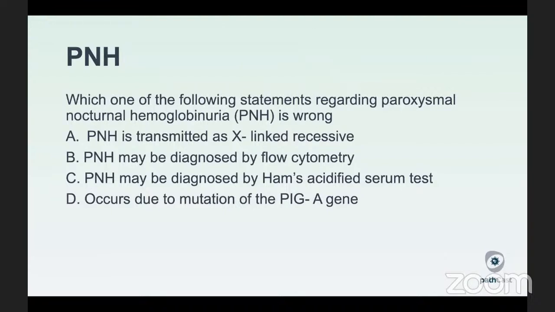PNH, or paroxysmal nocturnal hemoglobinuria: which one of these statements is wrong about it? PNH is transmitted as an X-linked recessive? No, PNH is not an inherited disease, it's an acquired disease. So this is the wrong statement. Yes, it can be diagnosed by flow cytometry, as I'm going to show in a minute. It used to be diagnosed with the Ham acidified serum test, and it's due to a PIGA gene mutation.